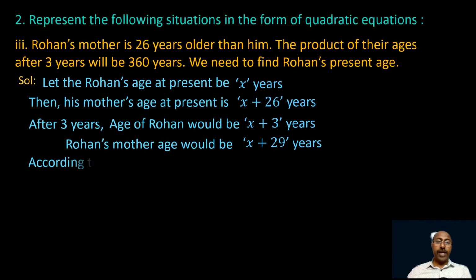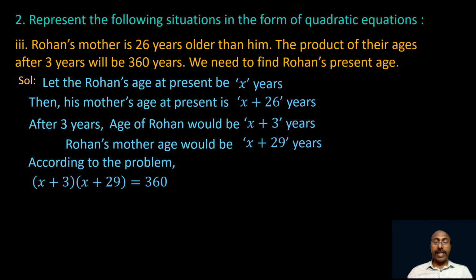Now, according to the problem, what is given? The product of their ages after 3 years. What are the ages after 3 years? x plus 3 and x plus 29. And it is given that the product is 360. That is, (x plus 3) into (x plus 29) is equal to 360.